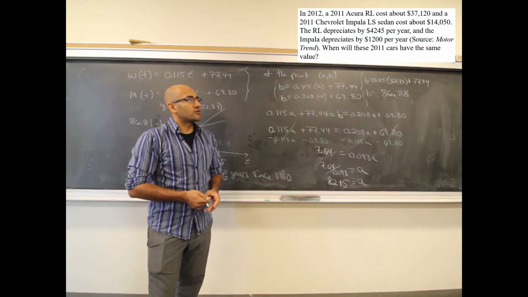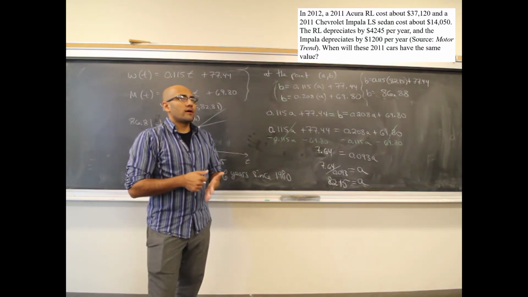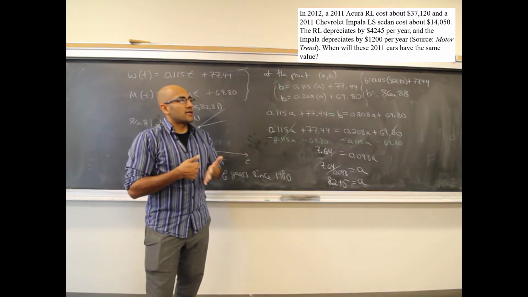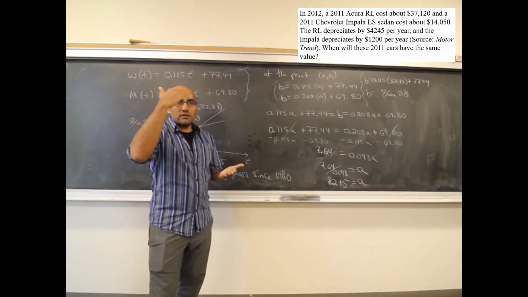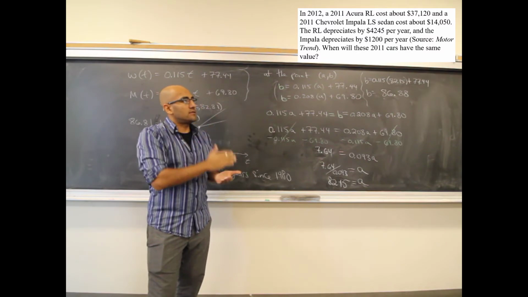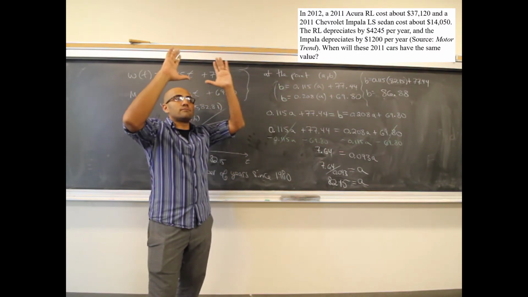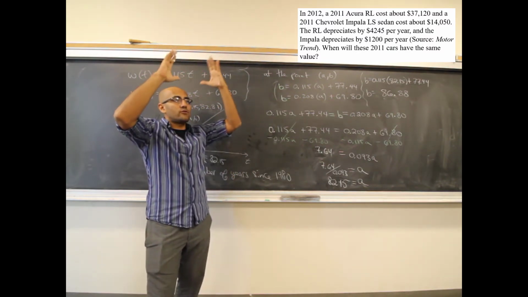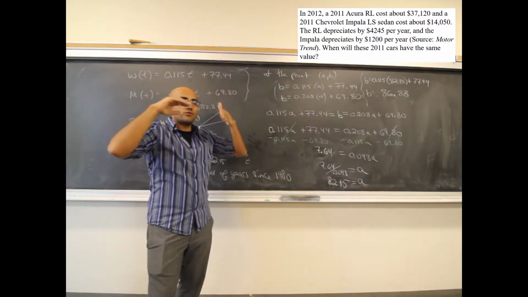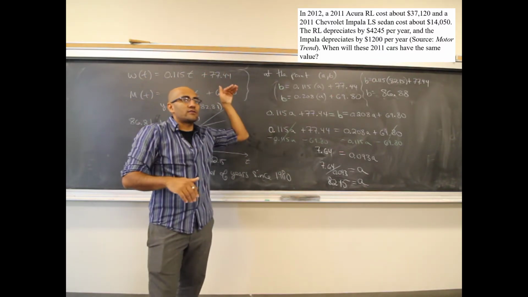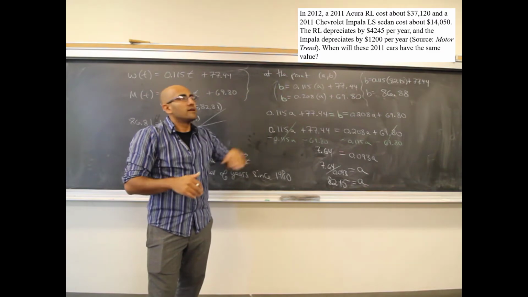Okay, so this is a more interesting one. So the value of these cars is obviously depreciating every year, right? It's decreasing. So we started with some original price, right? You buy it brand new off the lot. As soon as you roll off the lot, it starts going down in value, right?